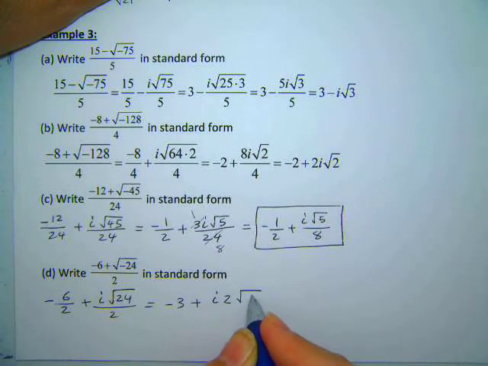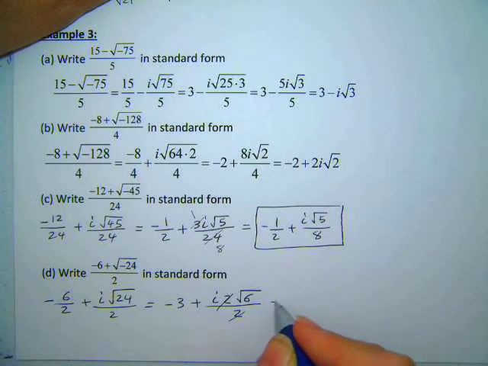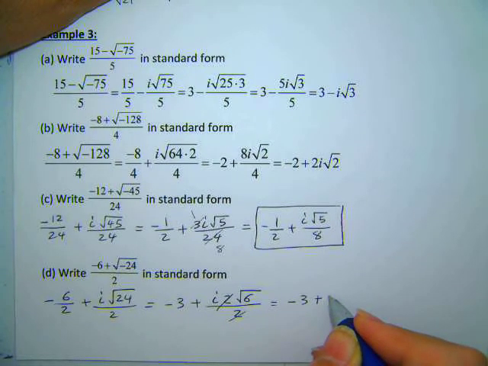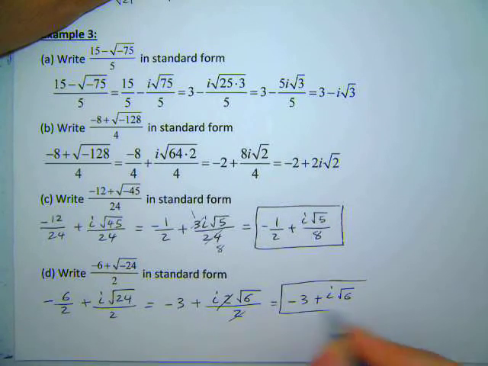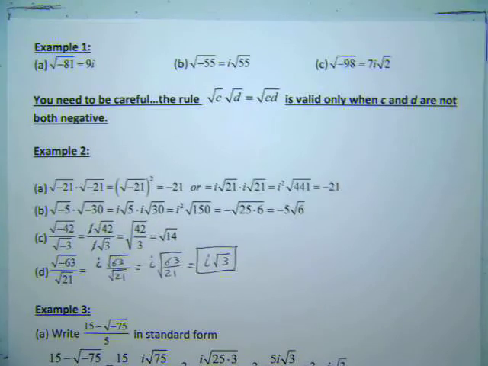And what's left inside is 6. Now the 2 goes with the 2, and we end up with negative 3 plus i square root of 6, or square root of 6 times i. So that's how we simplify. And those will be in your first part of 1.3.